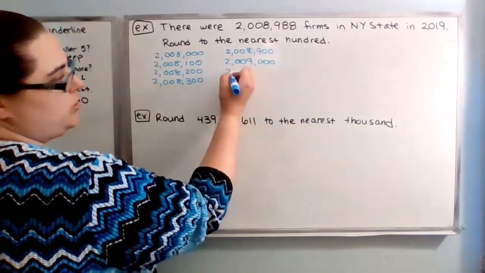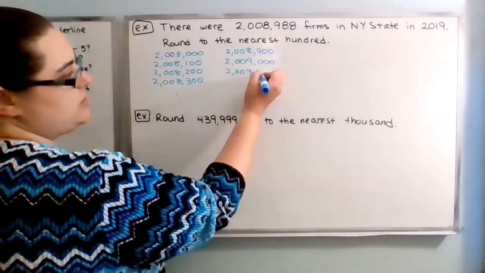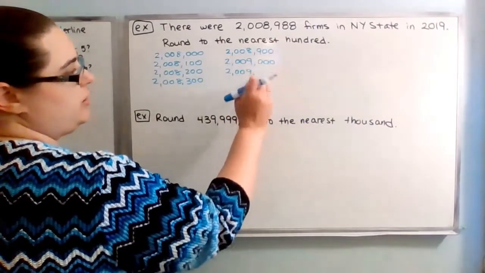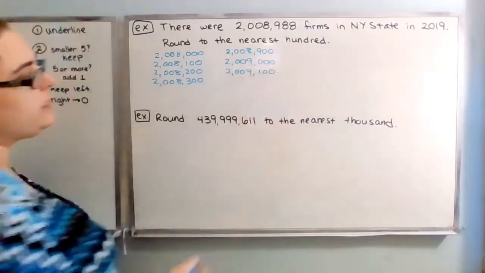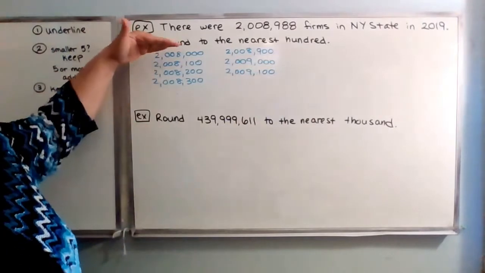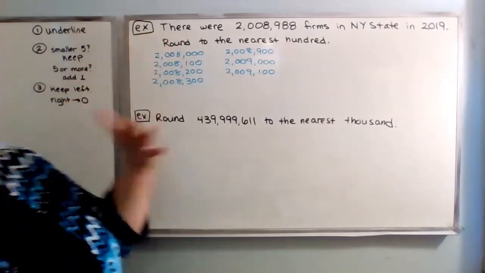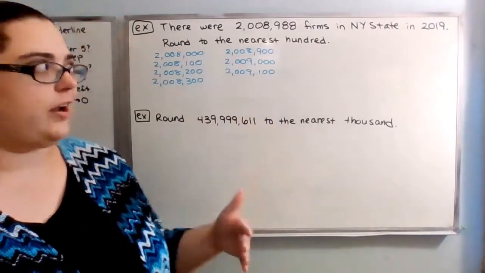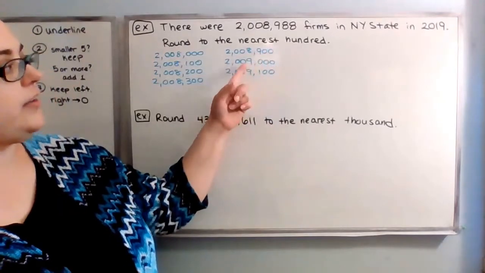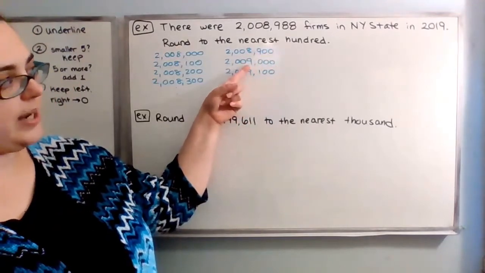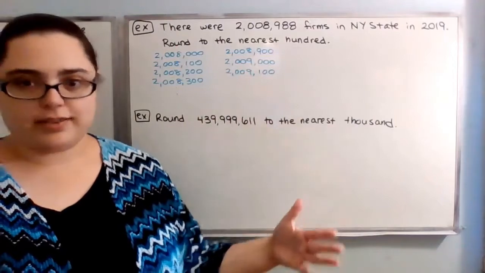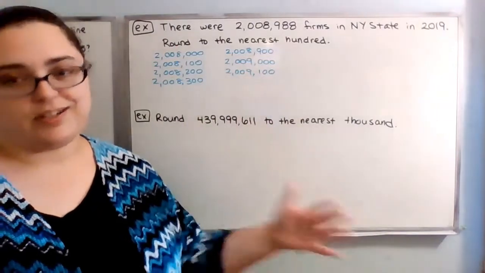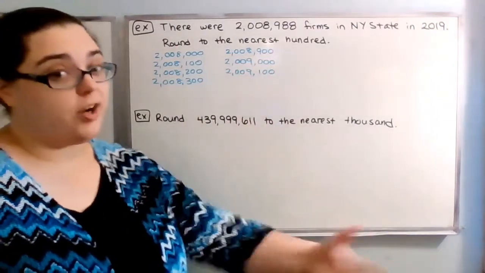And then I would keep going 2,009,100, etc. So I'd have 0, 100, 200, 300, 400, 500, 600, 700, 800, 900, and then brings me up to 1,000. So to 9,000, 9,100, 9,200, 9,300, etc. So that's what counting by hundreds would mean.